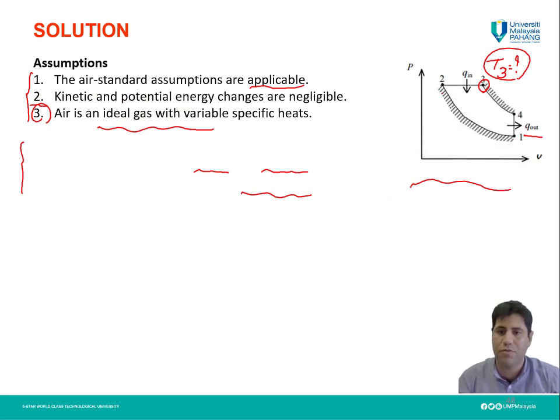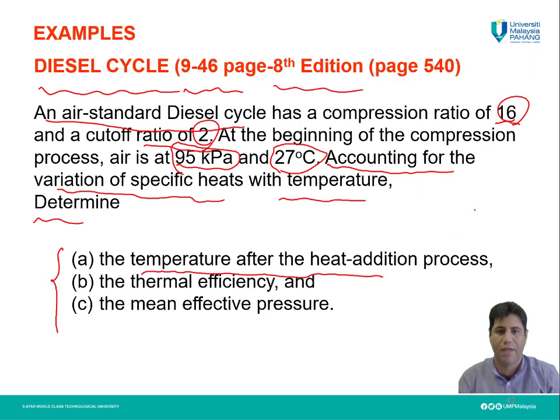Here from state 1 to state 2 we have compression. So what we have here at the beginning of the compression process means we have P1 and we have T1. P1 and T1 actually are given: 27 degrees Celsius, and P1 is 95 kilopascal. Let me just check it again. Yep, and compression ratio is 16.